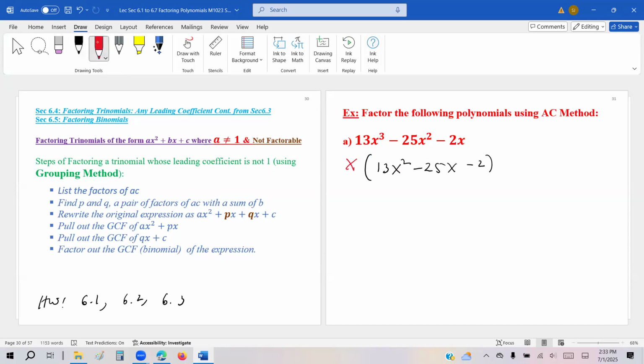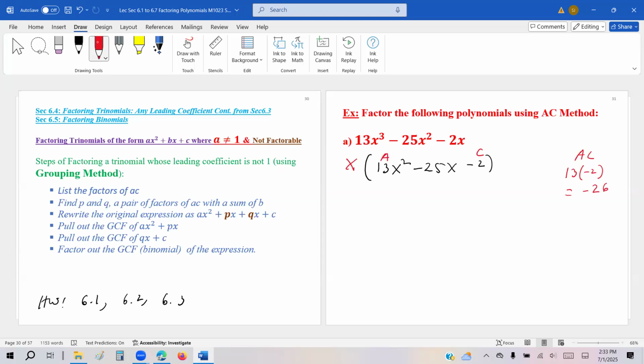It's called the AC method because we are going to multiply the A term with the C term. AC means multiply 13 with negative 2. What is 13 times negative 2? Negative 26.